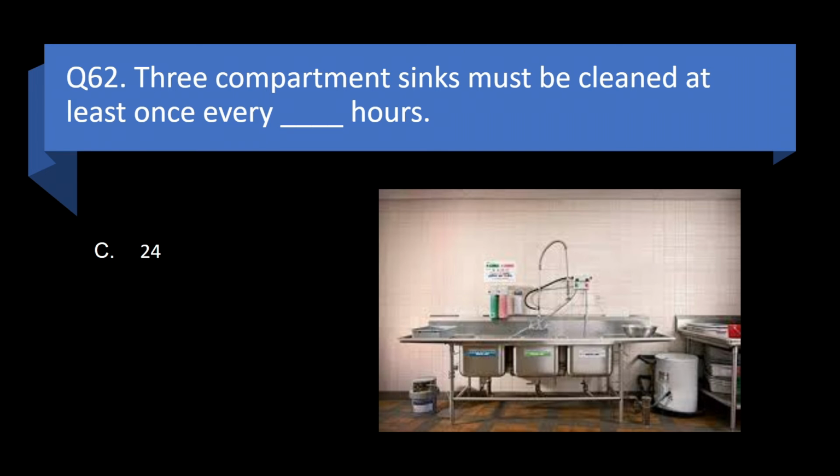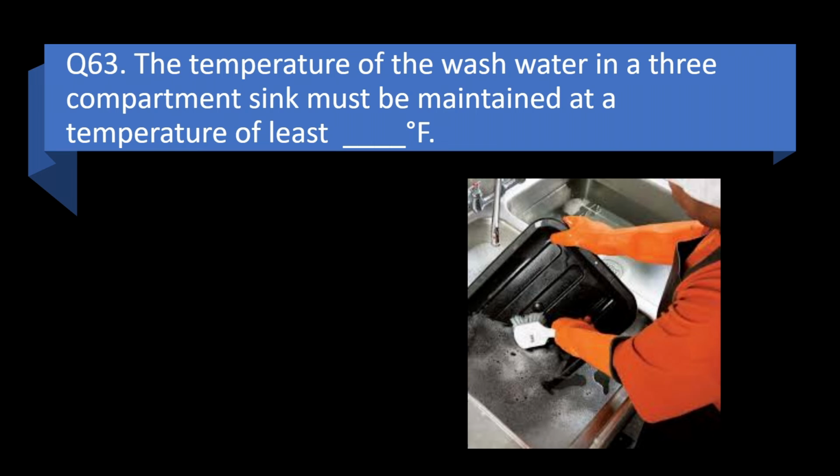C. 24. Question 63. The temperature of the wash water in a 3-compartment sink must be maintained at a temperature of at least blank degrees Fahrenheit. 110, 120, 130, or 140. A. 110.